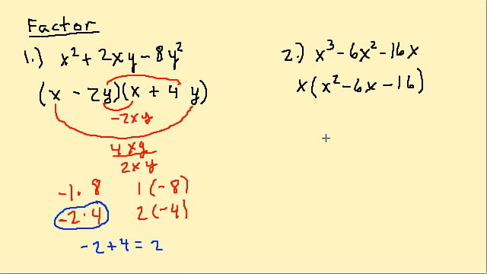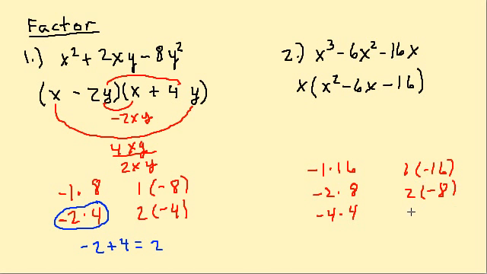And then what can I multiply together to give me negative 16? Well, that's negative 1 times 16, negative 2 times 8, and negative 4 times 4. And then also 1 times negative 16, 2 times negative 8, and 4 times negative 4.